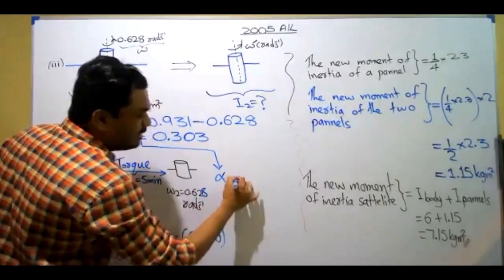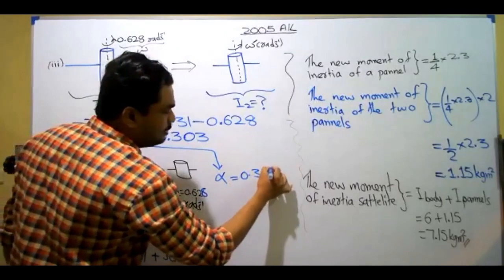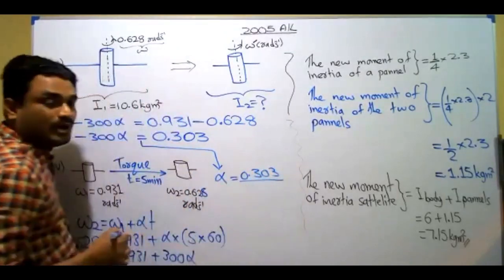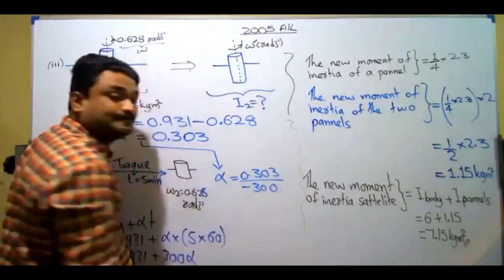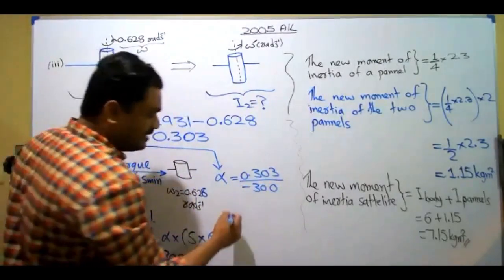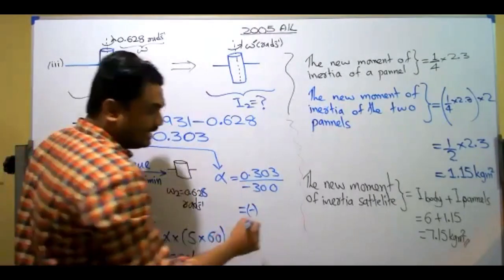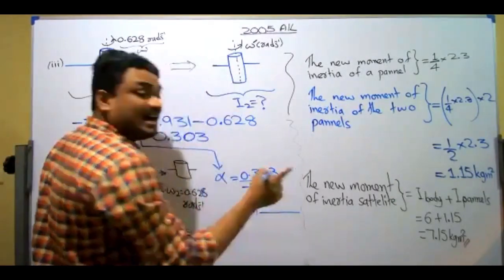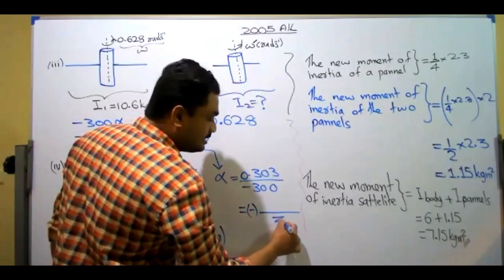So you get alpha equals 0.303 divided by minus 300. Not easy to divide, right? So I'll keep the minus sign here. I divide 300 by 100. If you divide 300 by 100, answer is 3.